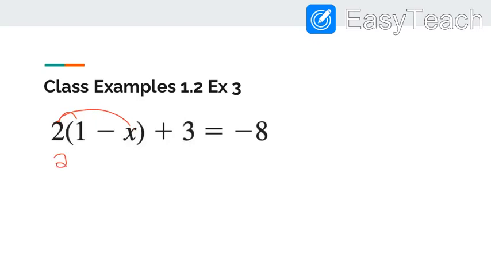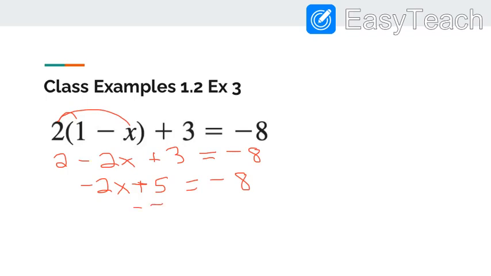This would now become 2 minus 2x plus 3 equals negative 8. I can put the 2 and the 3 together, so really I have negative 2x plus 5 equals negative 8. I would have to subtract the 5 on both sides.